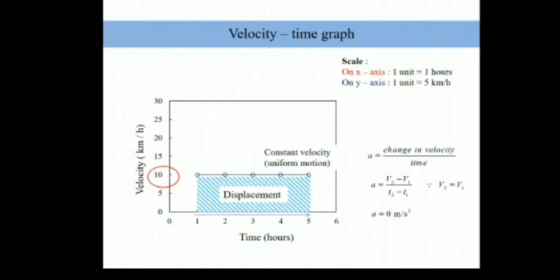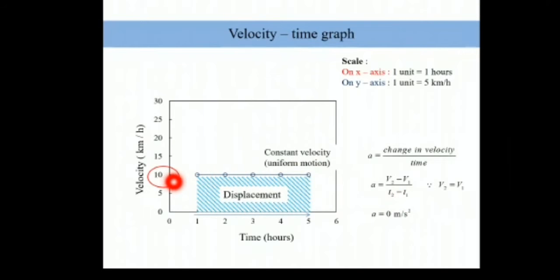First thing we have seen, so quickly we will recap. If the vehicle or an object is moving with constant velocity, if anything is in uniform motion, then the velocity time graph will be a straight line like this. Number one. Second, if a graph is a straight line like this, parallel to the x-axis, it is not inclined to the x-axis, therefore acceleration is what? 0, velocity is constant.